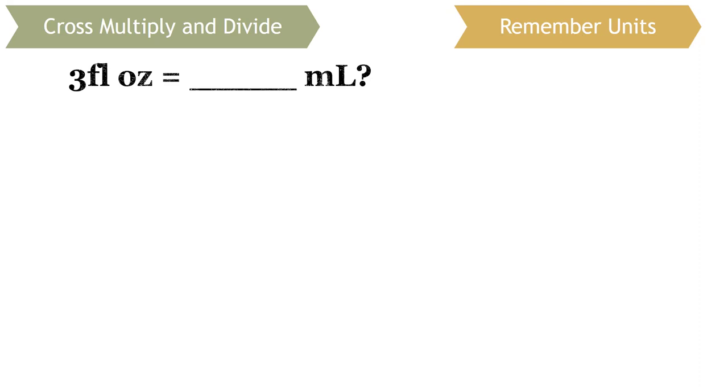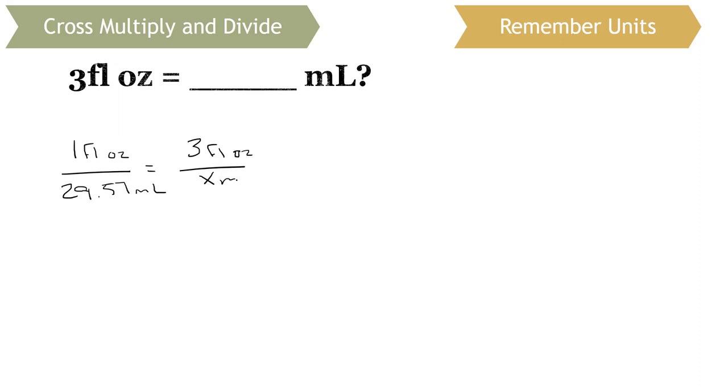Alright, so our next problem here is 3 fluid ounces equal how many milliliters? So again, set up our proportion. We know that 1 fluid ounce is 29.57 milliliters. Here we have 3 fluid ounces.